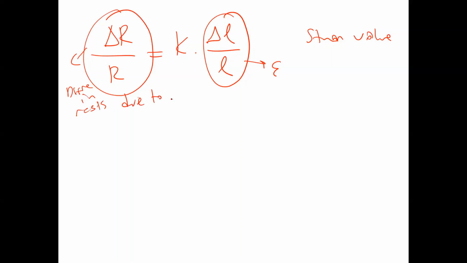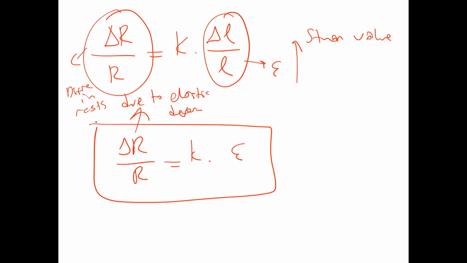Due to elastic deformation. When you deform the material, resistance increases and strain increases. So here is a relationship. This is mechanical behavior and this is electrical behavior. So there is a link between mechanical properties of the material and electrical properties of the material. Okay, any question?